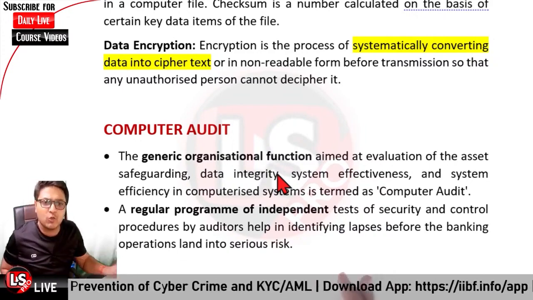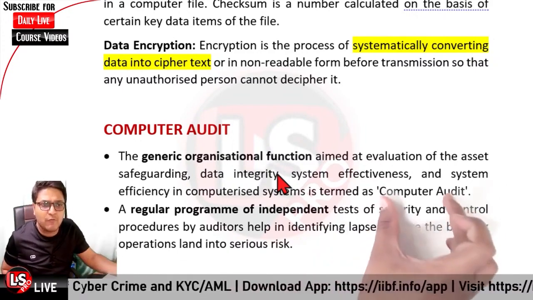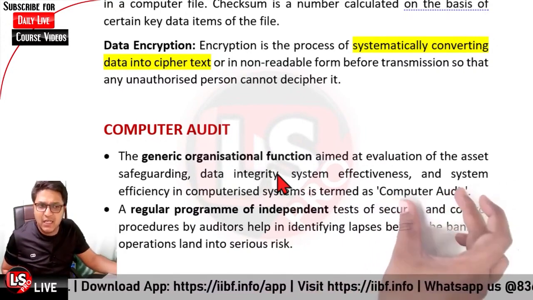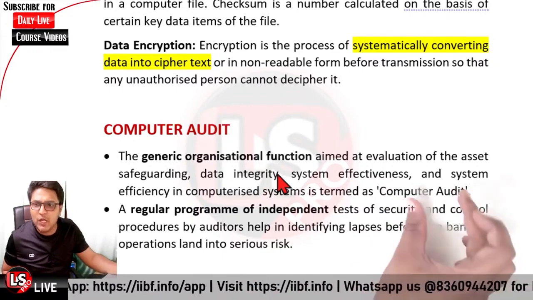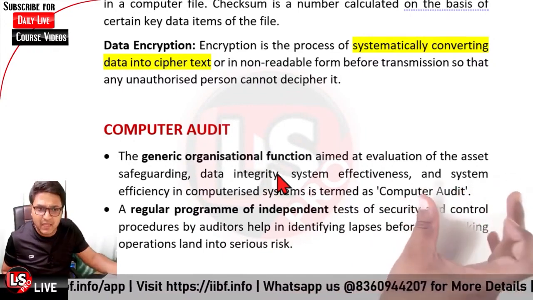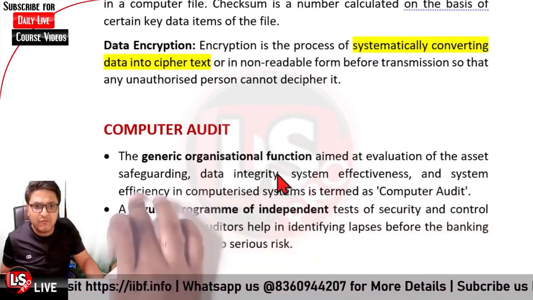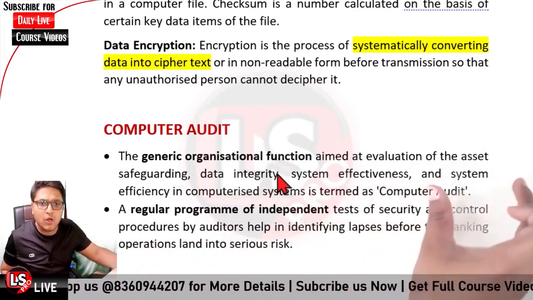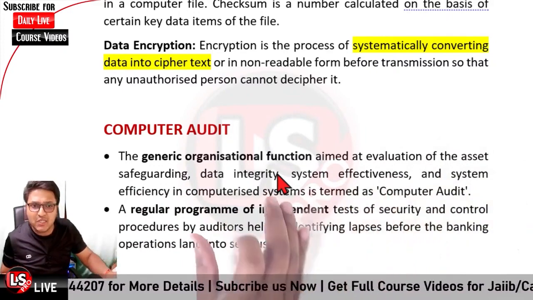This function is performed by the computer audit.